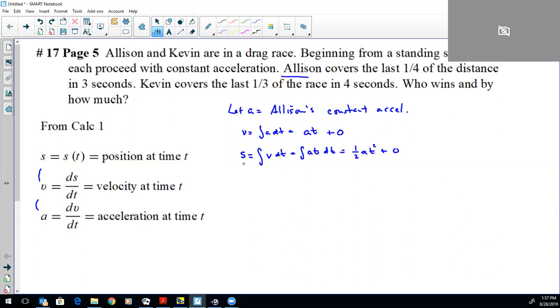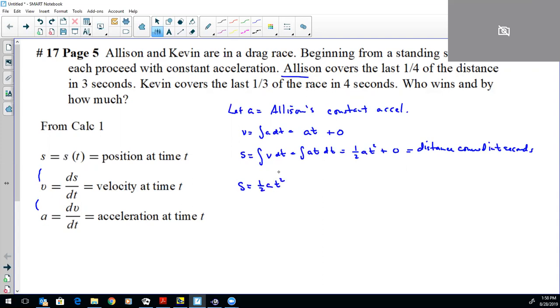Okay, we're moving in one direction. Velocity is not changing direction or anything. So this is not only the position at time t, this is the distance covered in t seconds. Let me rewrite that. Our distance traveled is 1/2 the acceleration times the square of the time.